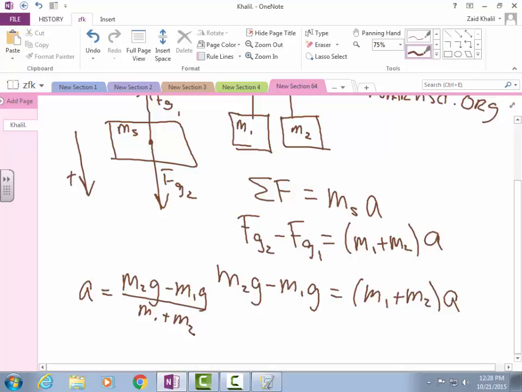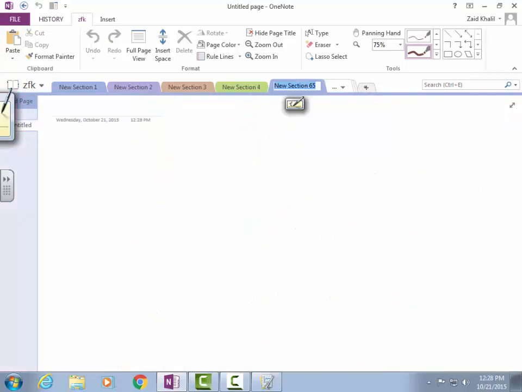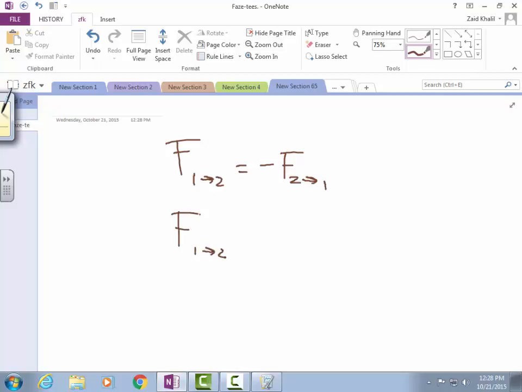Newton's third law. What does Newton's third law say? F of 1 on 2 equals negative F of 2 on 1. Here's your two bodies. So F of 1 on 2 plus F of 2 on 1 equals 0. What does this mean?